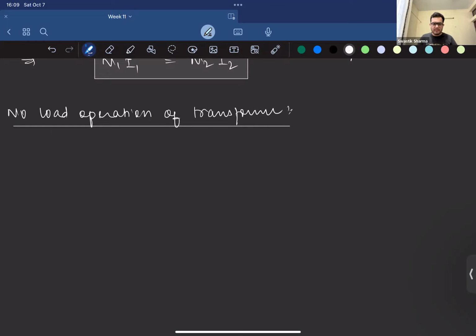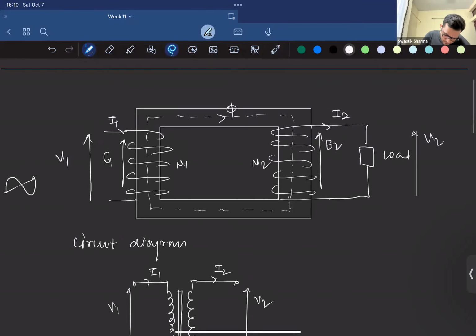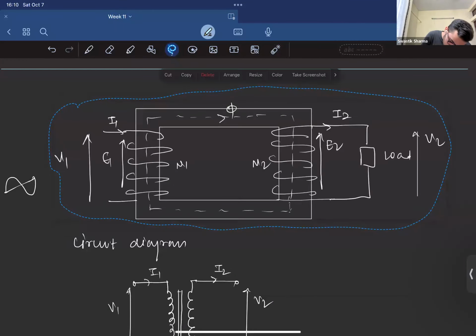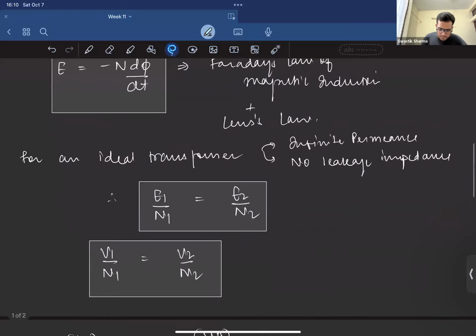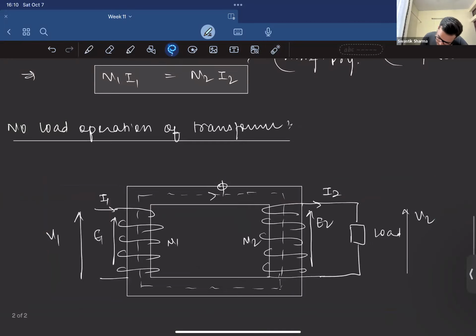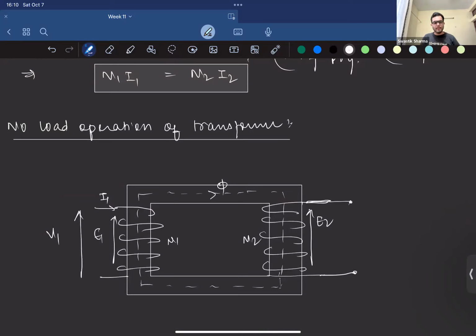So what do we mean by no load? That there is no load connected to the transformer. So let's take the scene. Now we say that it's open circuited, that is, there is no load connected to it. So there won't be any I2, right? No load is there. So what happens is there is still a flow of current, which is called I naught.